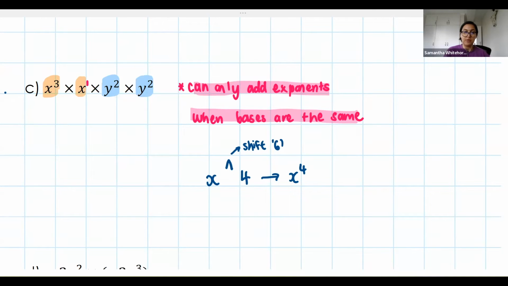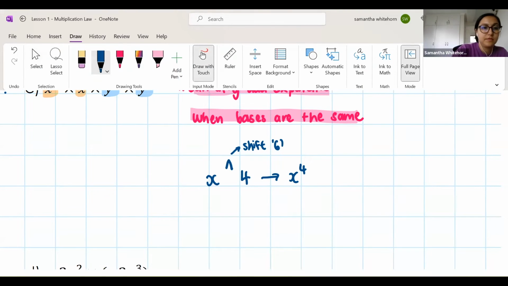Righty, does anyone want to raise their hand to explain how they did this? Tandawake, tell us. Okay, ma'am. For the x times the x, it just gives you x. And then I added the 3 plus the 1, it gave me 4.